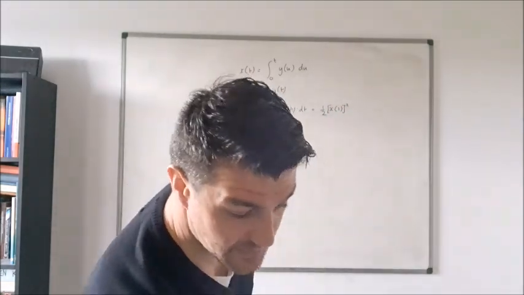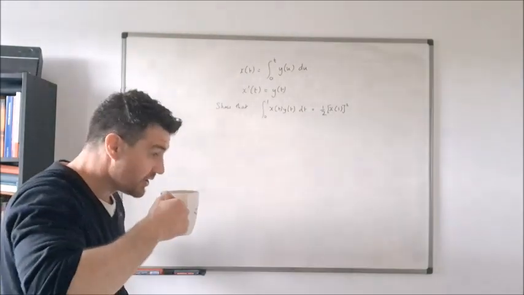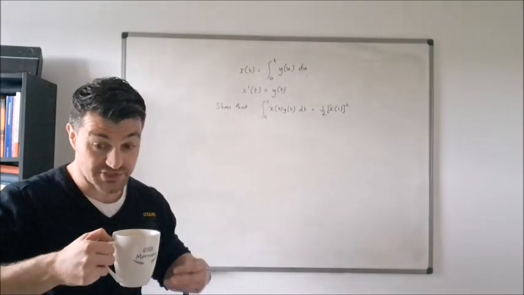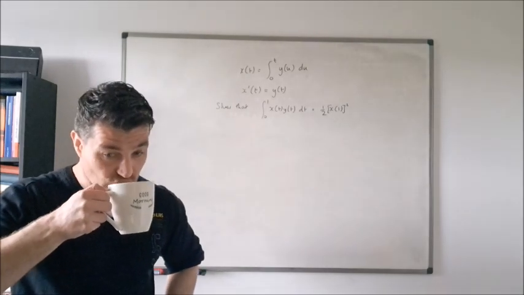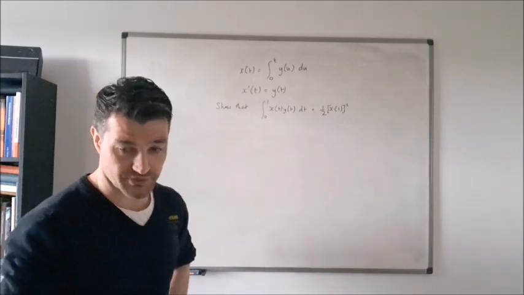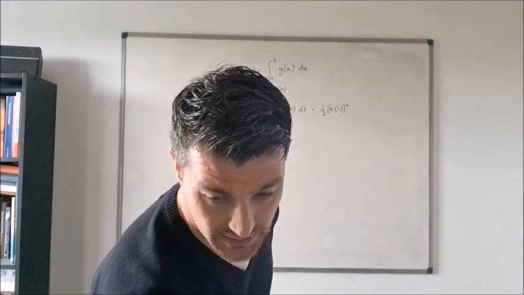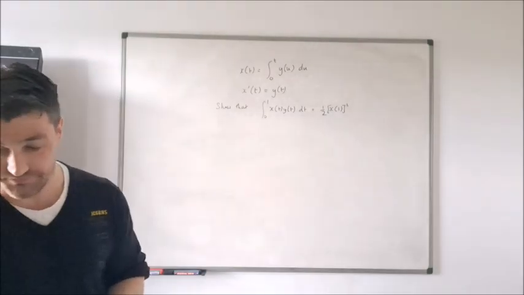Just while I have a sip of coffee, if you want to read through the information and make sure that you understand it as best you can, which I'm sure you do. So how are we going to show this?